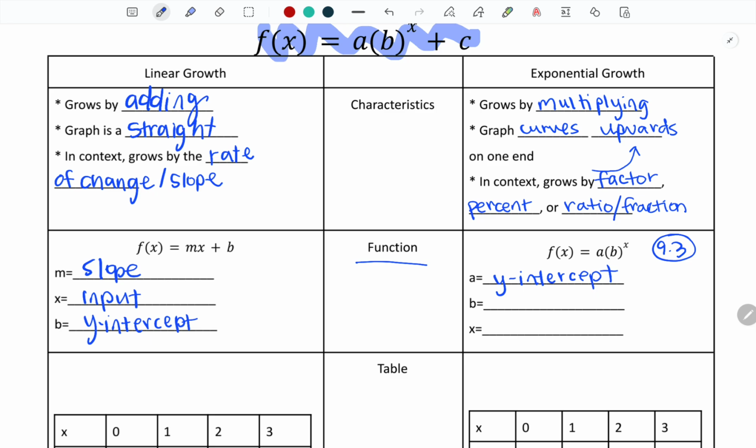Don't worry about it too much right now. b is our growth or decay factor. Think of it as your slope, okay? It's what's going to tell us how much we're counting up by, like a slope does. And x, again, is our input. That's our whole thing about functions: you plug something in, you get something out.